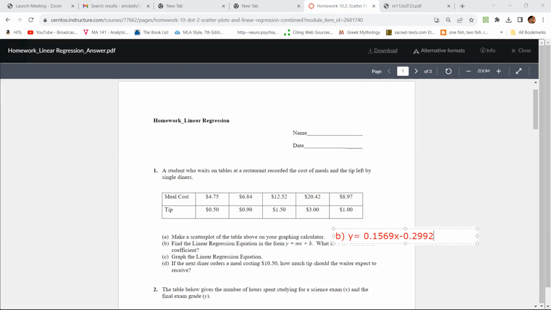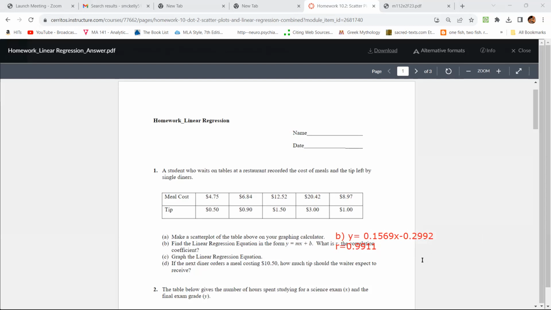And you also know that R is equal to 0.9911. So that's for part B.